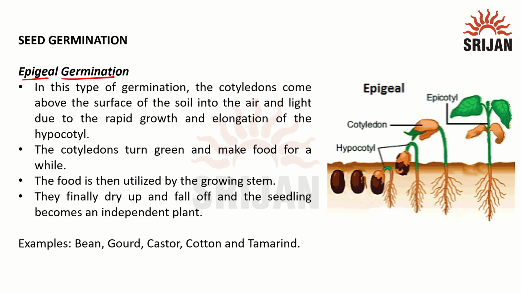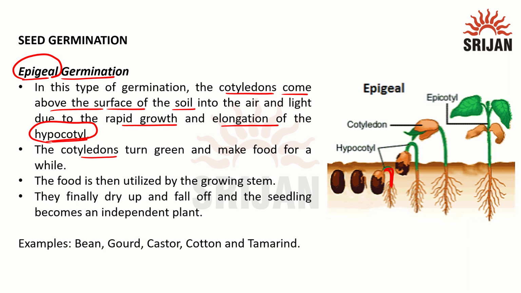Now epi means above. So in this type, the cotyledons will come above the surface of the soil once the germination has started and light will be received immediately, due to the rapid growth and elongation of the hypocotyl. Now the difference is that for epigeal germination, it is the hypocotyl which will grow faster. So this lower part will grow faster and it will push the plumule and the cotyledons above.